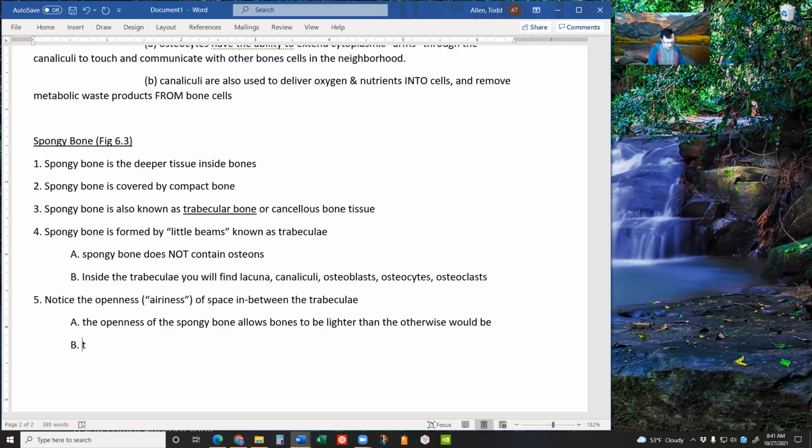Okay, the open space in between trabeculae is used to store bone marrow. And of course, the kind of bone marrow you're going to store is going to depend on the kind of bone and the particular region of the bone we're interested in.